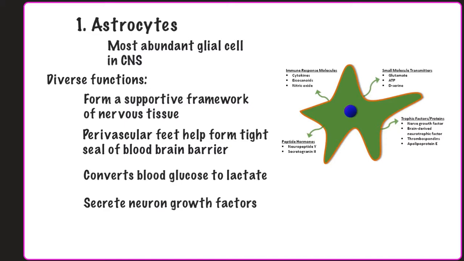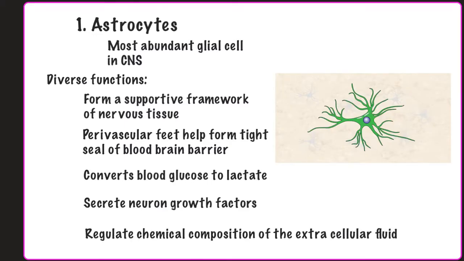They also regulate chemical composition of the tissue fluid by absorbing excess neurotransmitters and ions. As the neurons do their work and release neurotransmitters and ions come in and out of the neurons, there could be an excess of this in the extracellular fluid.